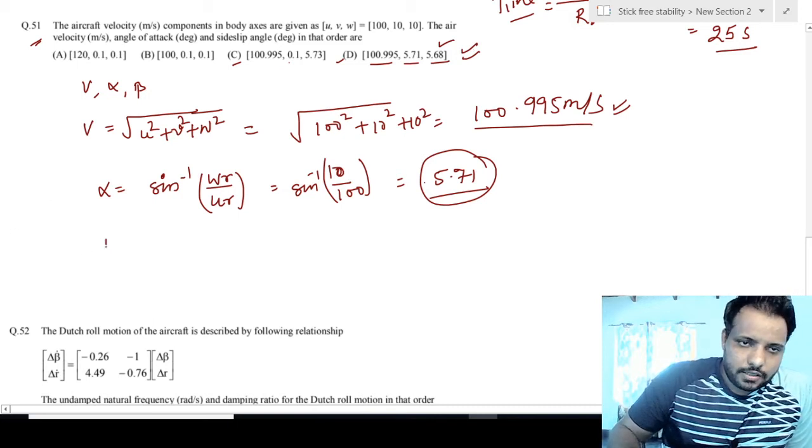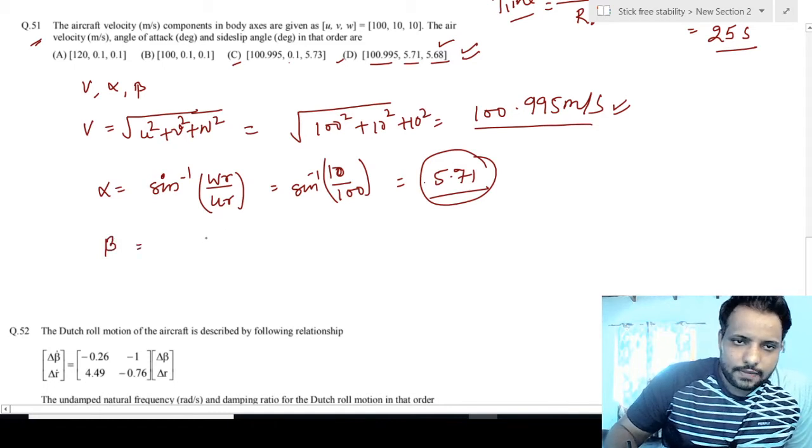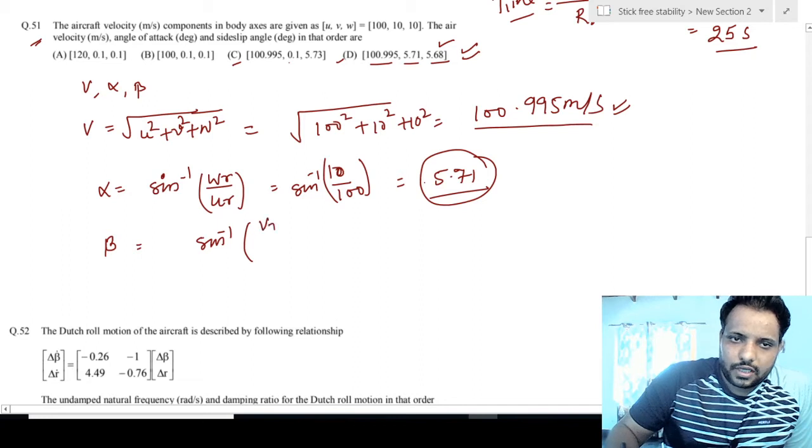So beta is given by the formula sine inverse of V, which is the crosswind velocity along the span-wise axis. So V divided by the resultant velocity.